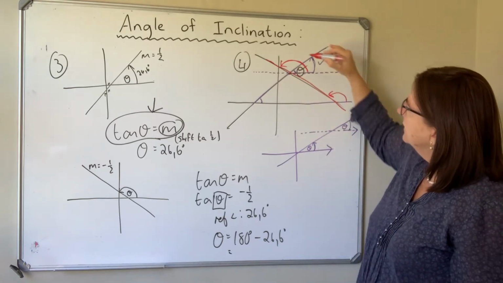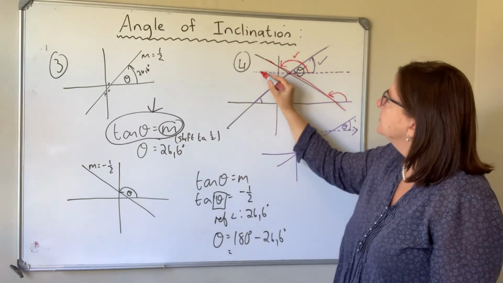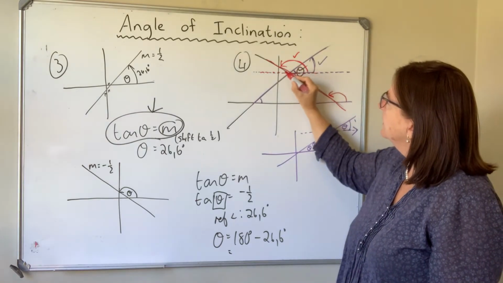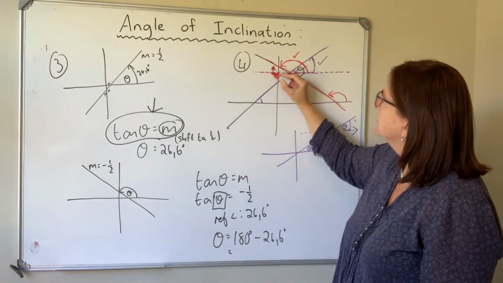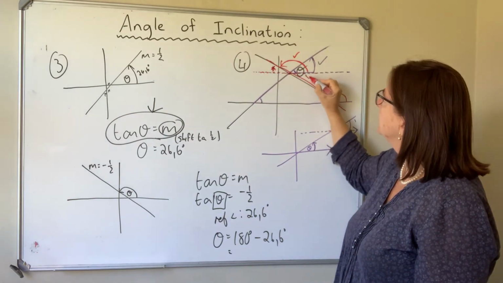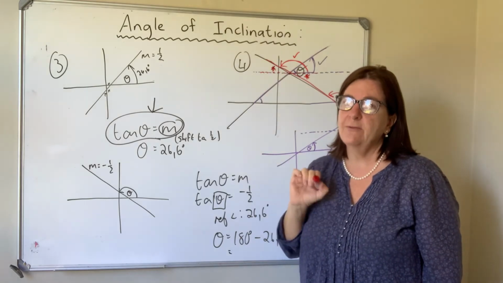So now if we can find that red angle, okay, we've got a straight line here. So we've got that angle there. We can find this little one here because it's angles on a straight line. And that angle there is just vertically opposite to that angle there. So there's a few steps involved, but we've now found theta.